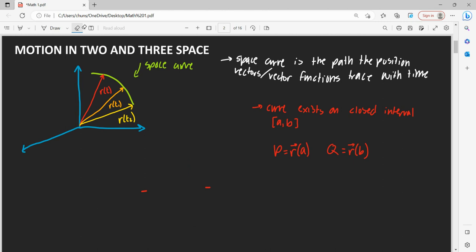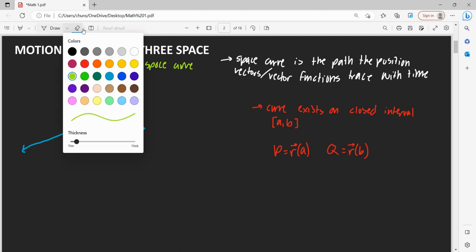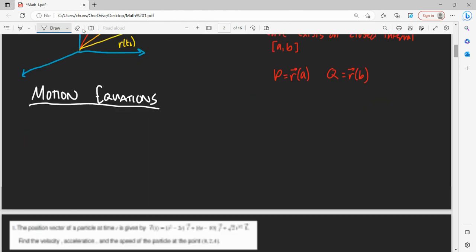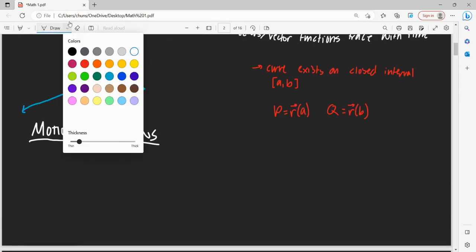We're going to get rid of that to make way for some equations. So, motion equations. Some of this should look familiar to you from previous calculus classes, but in case you forgot, no worries. I'll walk you through each one.